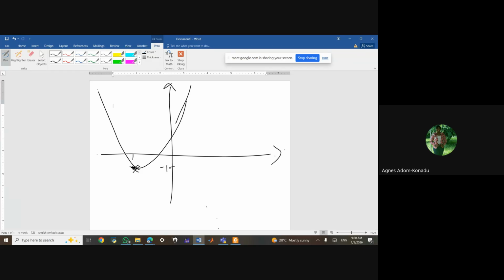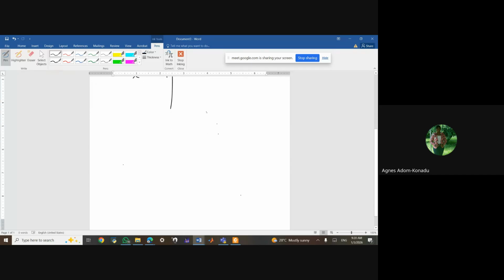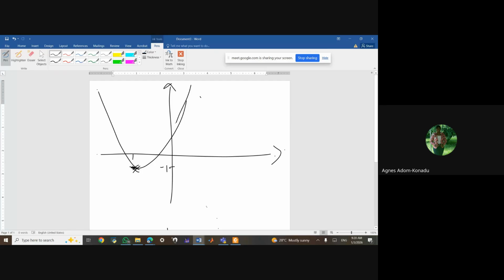Now, from the explanation, when I compare it with the graph, this is the graph of y is equal to 2x squared plus 8x plus 7. And when we put it in there, we have something like 2(x plus 2) squared minus 1.